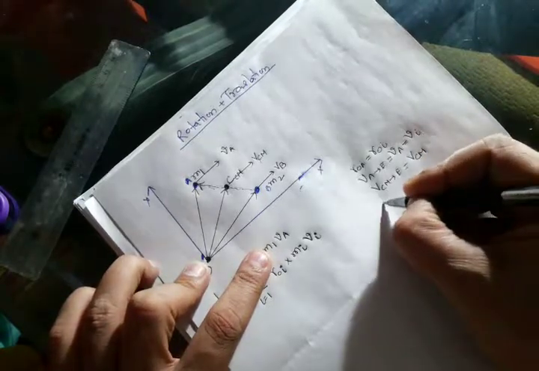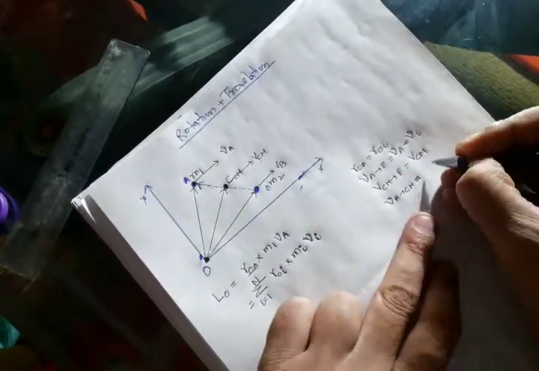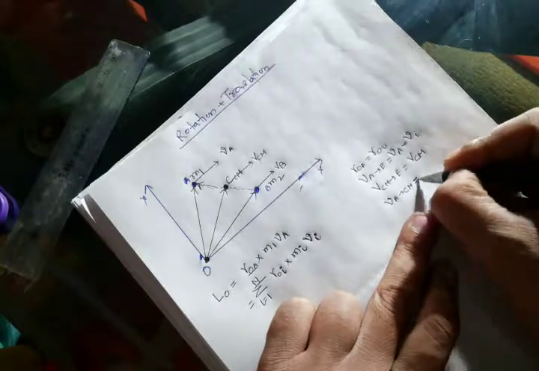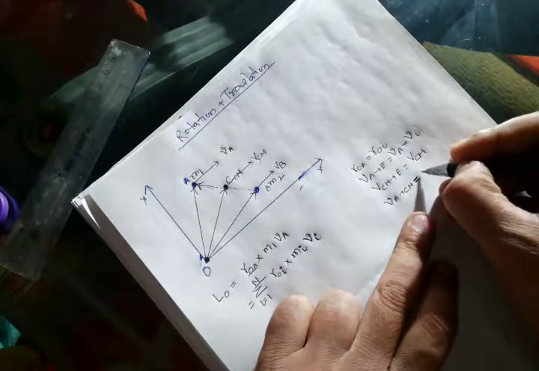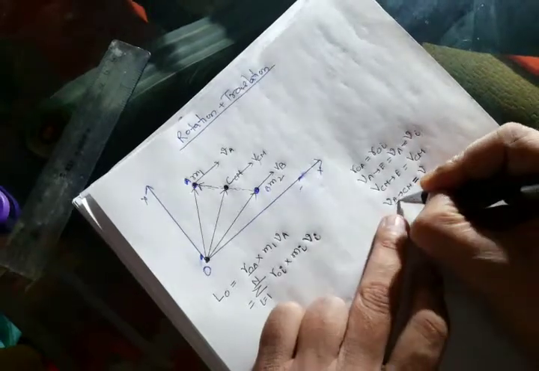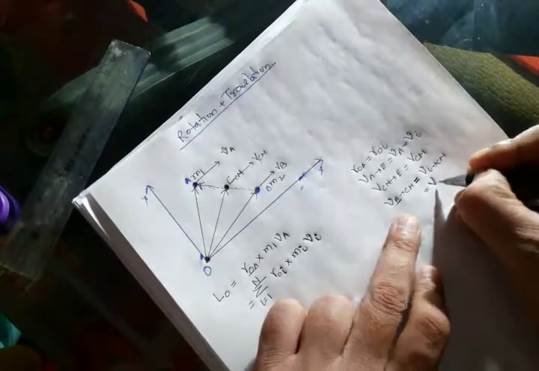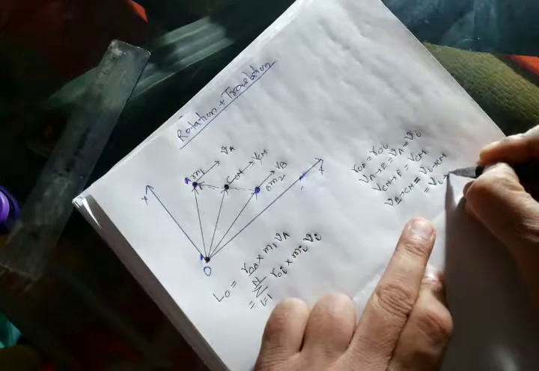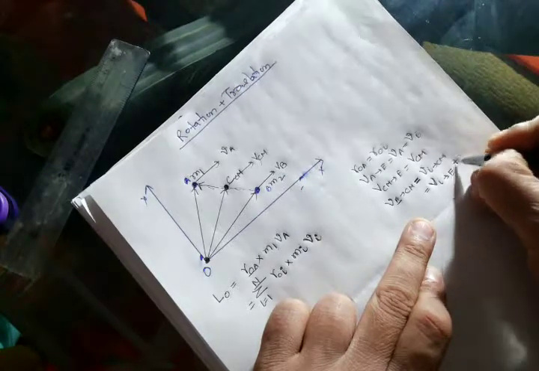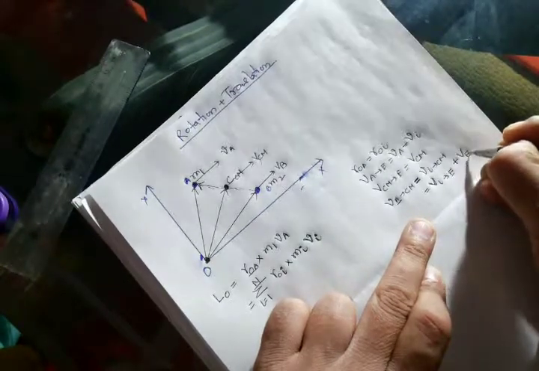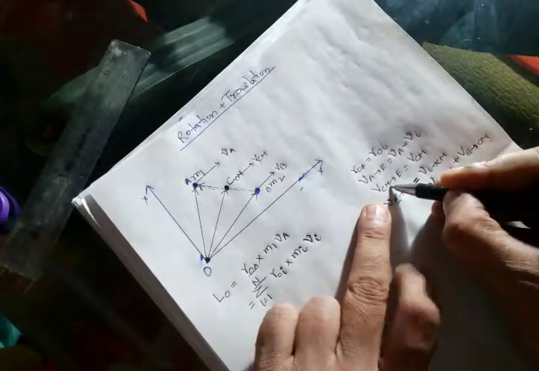Now the velocity of A, the ith particle, with respect to center of mass is equal to the velocity of I with respect to earth plus the velocity of earth with respect to center of mass.